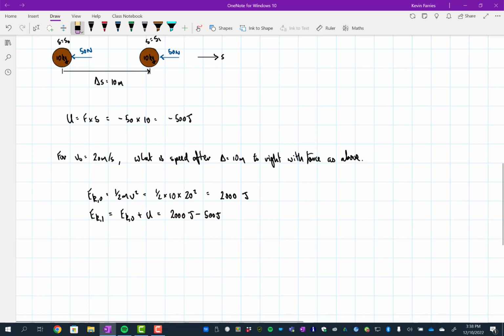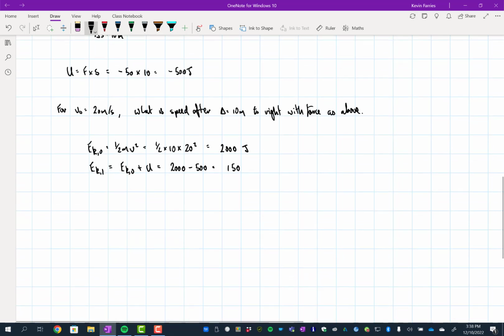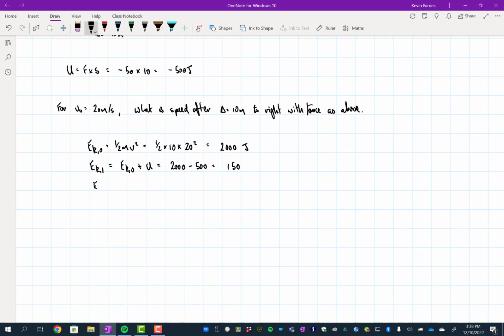So you've got a negative work done by the force, so it's removing energy from that object. So negative 500, which is equal to 1500. So Ek1, the kinetic energy in the final position, is equal to a half m v1 squared, which must be equal to 1500.